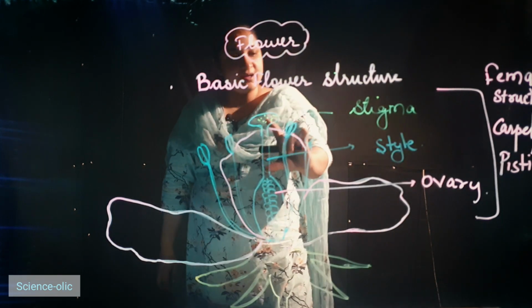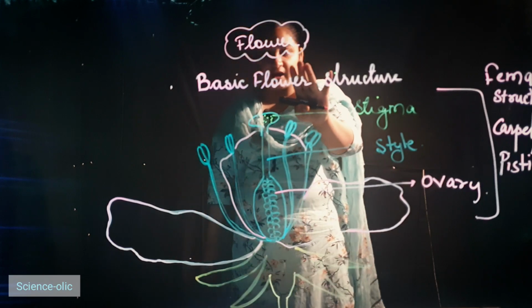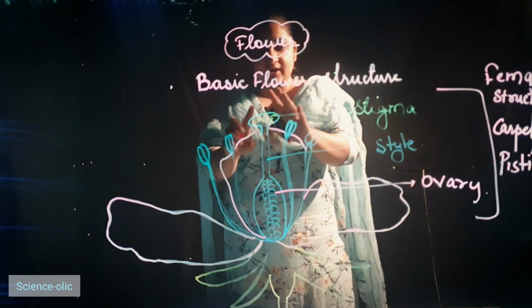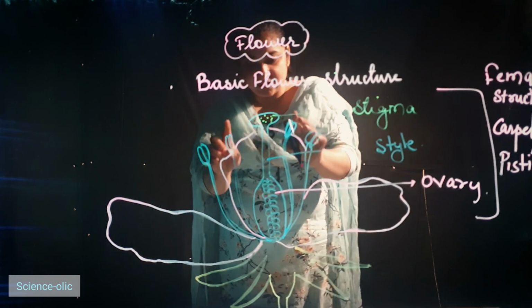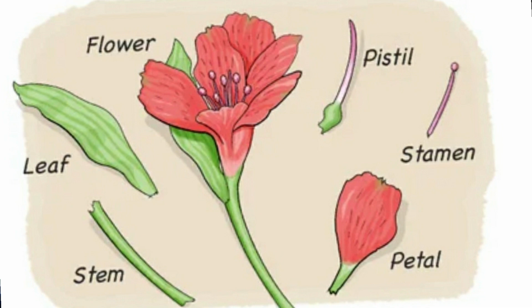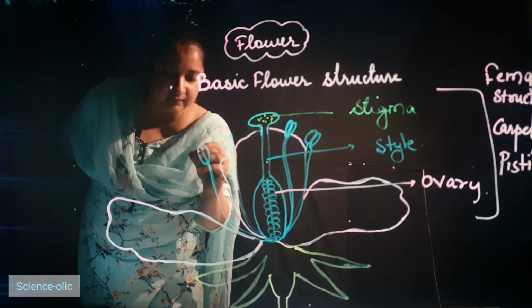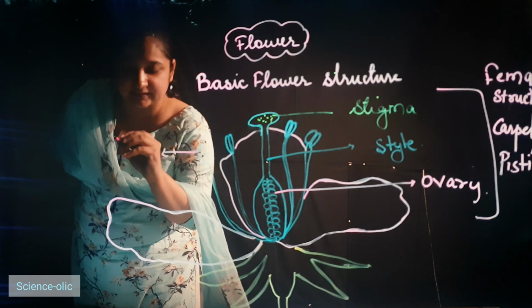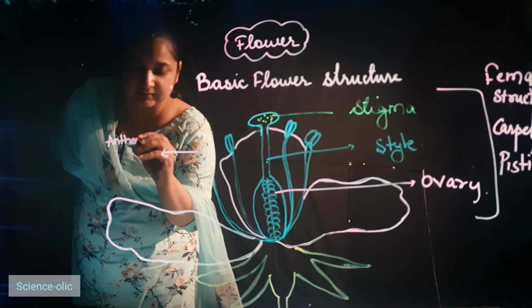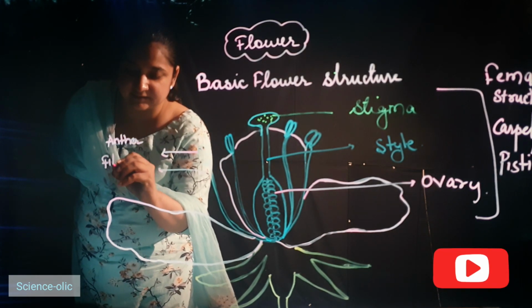So stigma, style, ovary: this is the female part in a flower. Fine. Now I will label the male part. This is anther, and this is filament.